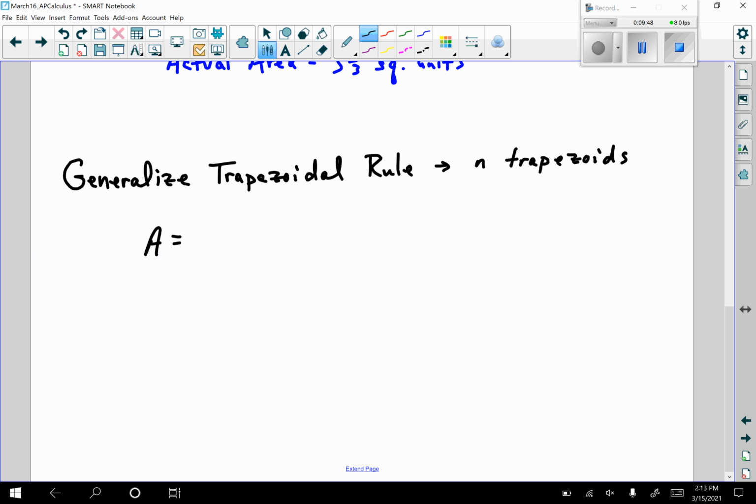So the area, still an approximation, is 1/2 the height times our first y value. We're going to say this is y sub 0, plus 2 of our second y values, plus 2 times y sub 2, plus, and then we keep going to 2 times y sub n minus 1. And then our very last y value just shows up once.